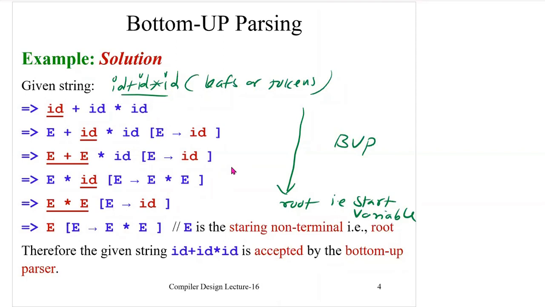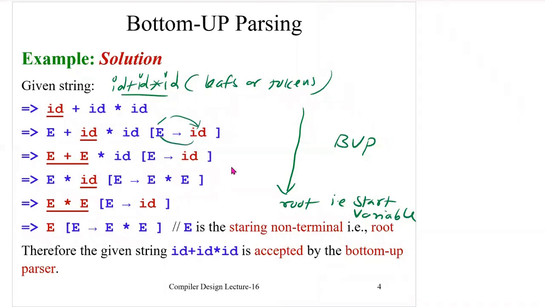In reverse means that in place of a terminal, you substitute the equivalent variable. In the previous grammar, we have E derives id. Earlier, in place of E we substituted id.